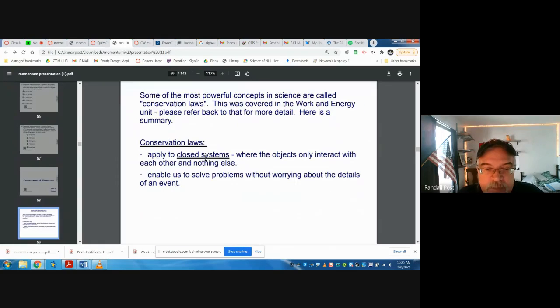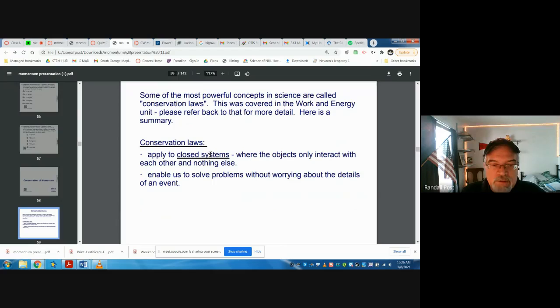So what I described was a closed system, meaning we looked at the boundary around the objects and we didn't allow anything in and we didn't allow anything out. We looked at what happened inside. This is very important. We cannot allow any forces coming in from the outside, and we can't allow one of these objects to escape the system.